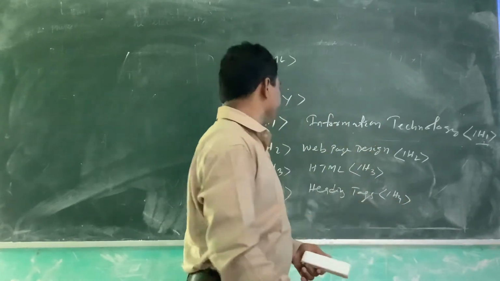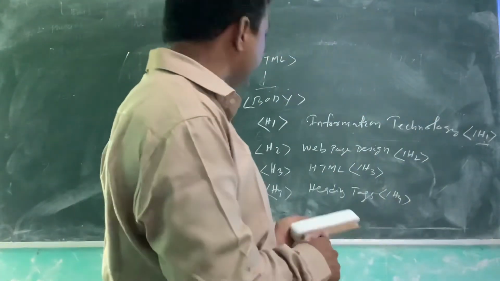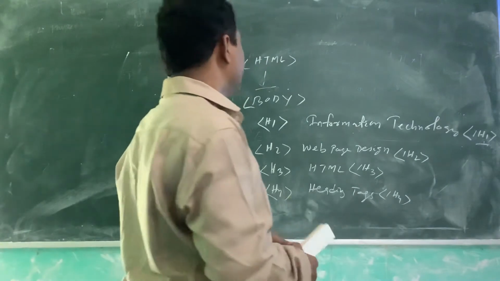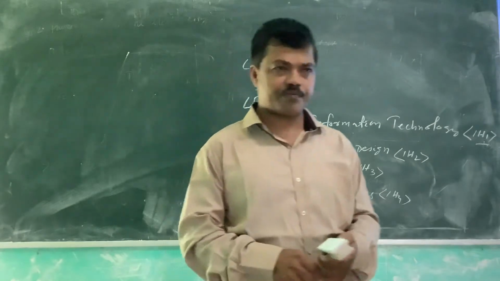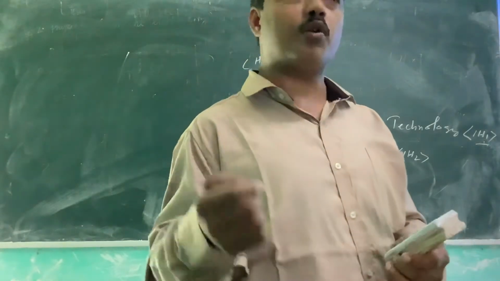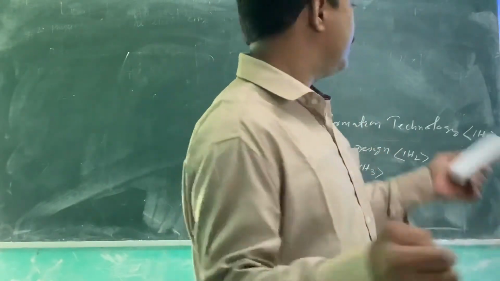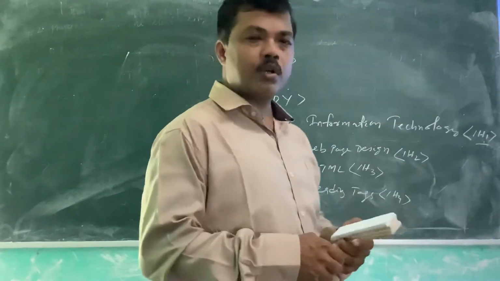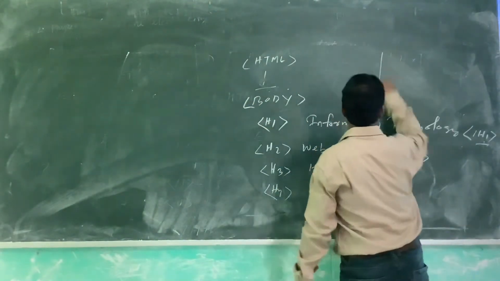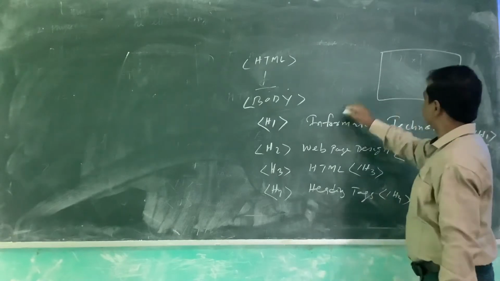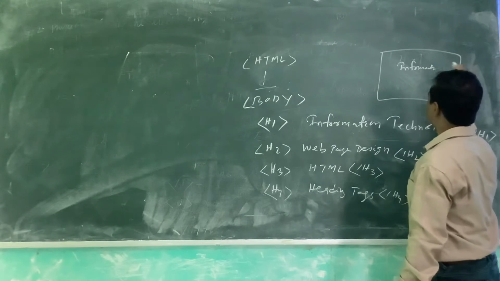So similarly, you can add some more other headings, and in your output you will see each heading displayed, and it will automatically add 1 more line before your heading text and 1 more line after the heading text. That means, this is the output window, and here it is shown information technology.